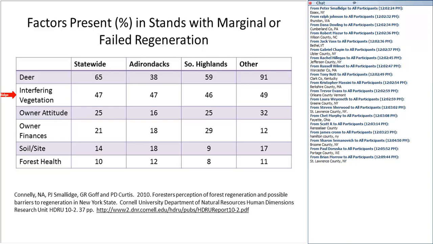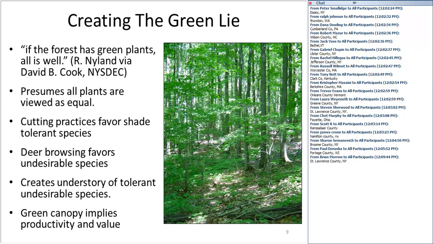And interestingly, there's been some work that has gone on to support that deer are in large part a driving force in much of this. And the interfering vegetation, whatever it's caused by, creates something that's referred to as the green lie. And I've heard about the green lie, the label, the moniker, for many years.